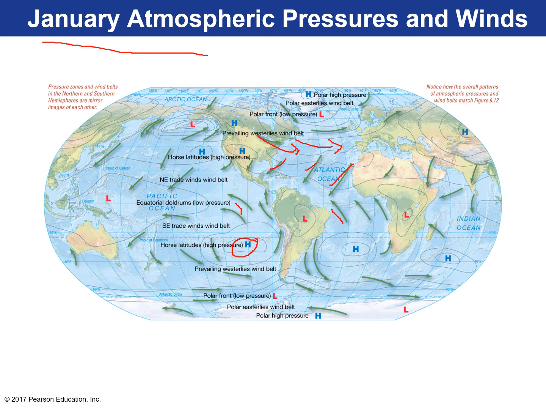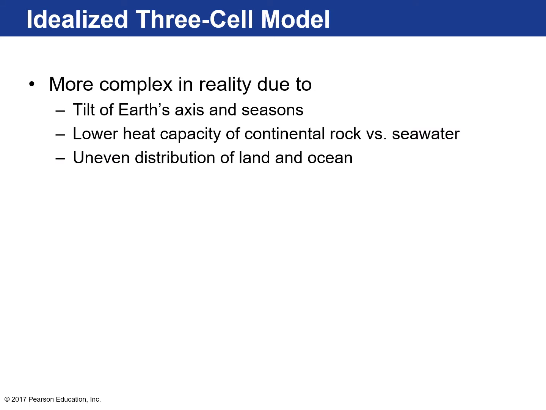In reality, the three convection cell model is complicated by ocean currents and the different land masses that are in the way, because land has a different heat capacity than water does. So it can be more complex in reality. The tilt of the Earth and the seasons push the boundaries up and down depending on the season.